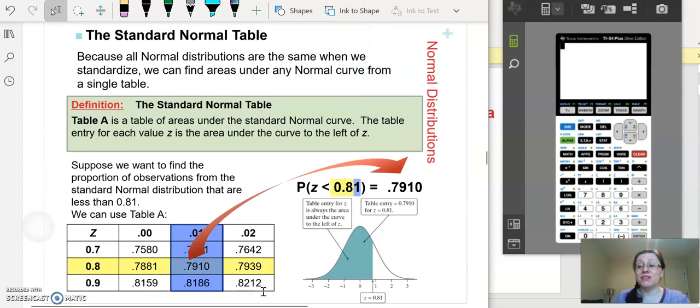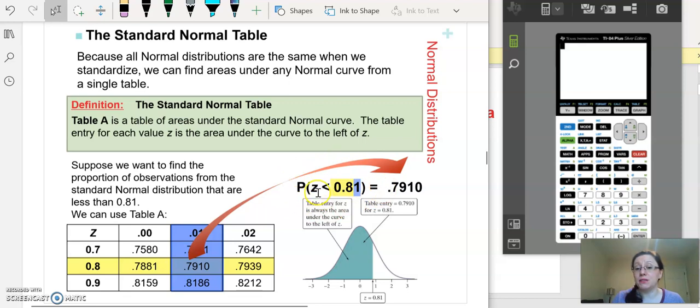Now, there is a table you can use to find values. I prefer using a calculator. We do have that table under the Formulas and Tables tab on Content Library in OneNote, so you're welcome to use it. But suppose you wanted to find the area under the curve, like the proportion of values from the standard distribution that are less than 0.81. So this would be the notation for it.